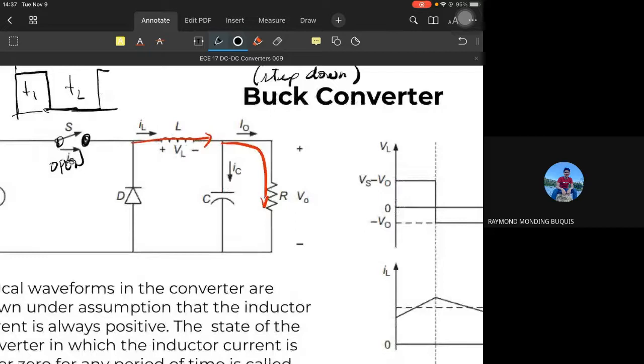But current will still flow because of this diode right here. It allows the current to flow in this direction, in operation of our inductor.